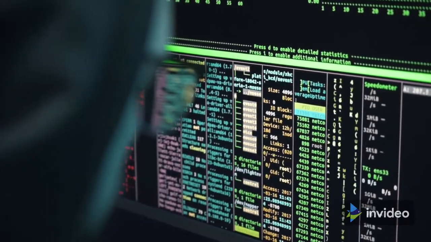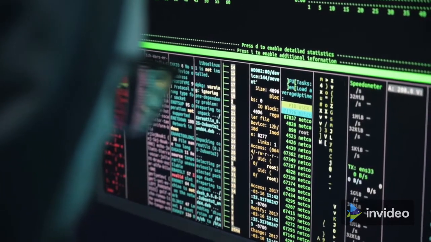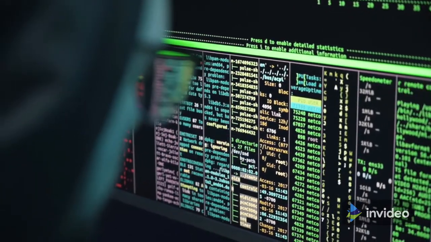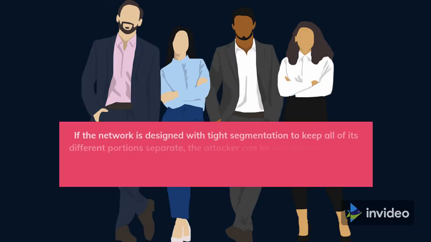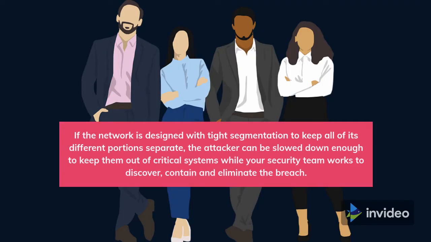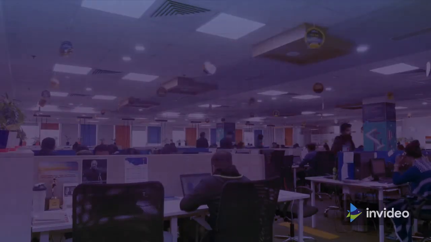Once an attacker is in a trusted system, they have unrestrained access to all the systems on the network. Solution. If the network is designed with tight segmentation to keep all of its different portions separate, the attacker can be slowed down enough to keep them out of critical systems, while your security team works to discover, contain, and eliminate the breach.